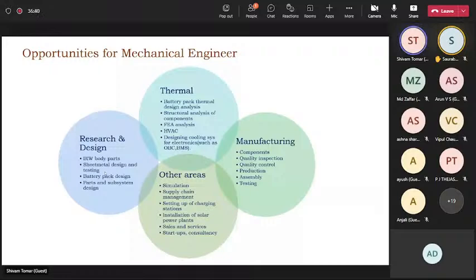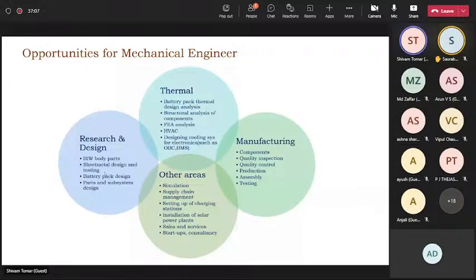To operate in a particular condition and give maximum efficiency, they have to operate in a temperature range between 10 degrees Celsius and 40 or 45 degrees Celsius. So battery pack thermal management is going to be challenging, and these challenges are generally going to be faced by the mechanical engineer.